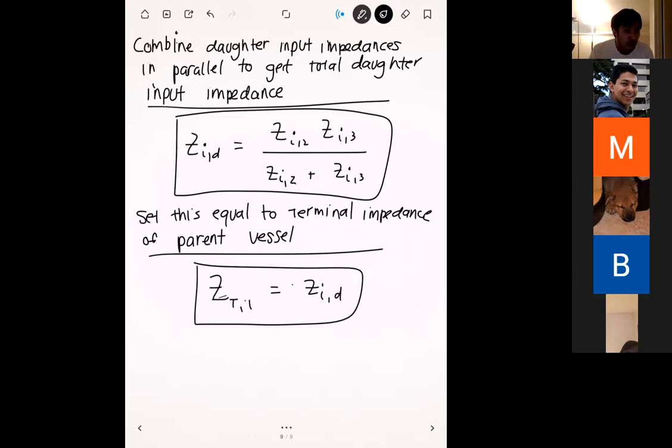Now that we have the terminal impedance of the parent vessel, and we're given the characteristic impedance of the parent vessel, from there we can compute the input impedance of the parent vessel.